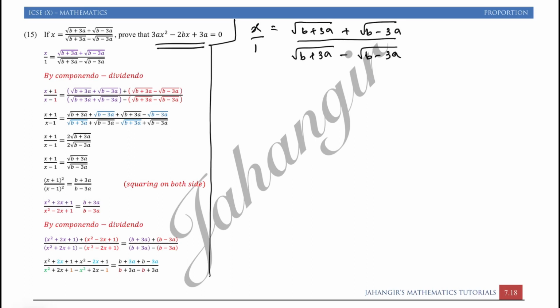So again we will take the same pattern, by componendo dividendo. We can write x plus 1 upon x minus 1 is equal to numerator plus denominator upon numerator minus denominator. This step you can write by yourself.